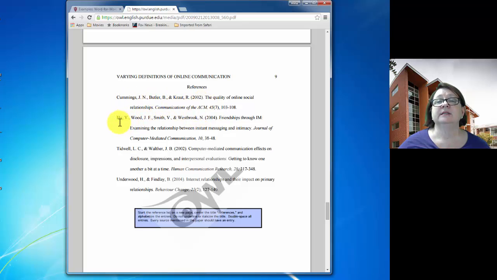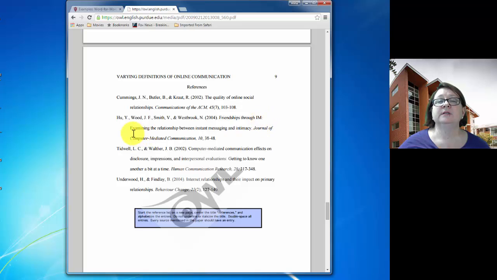So here again, the last names of the authors, the year, the title, Friendships Through. Why is the IM capitalized? It's because it's an acronym. It's instant messaging. It's like anything else, like ACM is an acronym. Acronyms are capitalized, even though that goes against the rules.